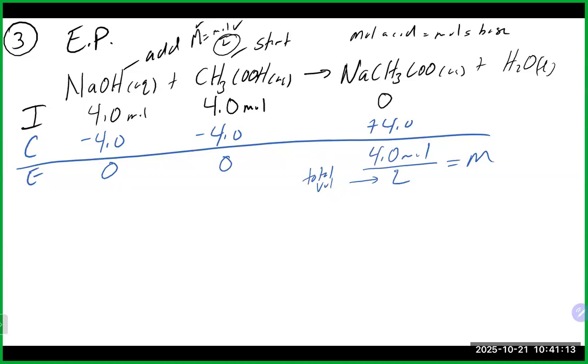Again, we could use the table to hopefully understand what's going on at this point, and what I have left at this point is sodium acetate, yeah? And sodium acetate is a salt, and we have our salt and water left over. So at this point, the only thing we have left over is a salt and some water. And whenever we have salt with water, something should come to your head: does this thing go through hydrolysis, right? So this is what we want to know: will it react with water at this point?